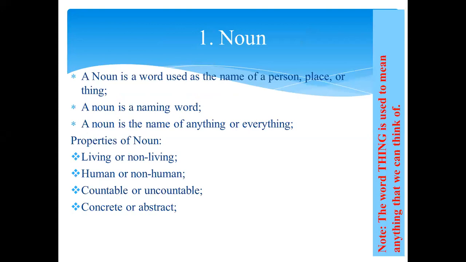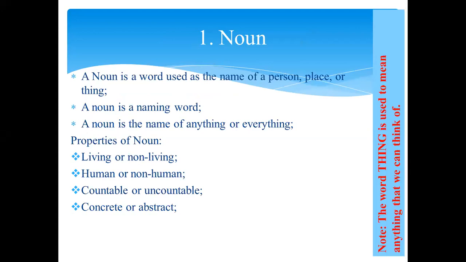Okay, and the next property is that a noun can be concrete or abstract. When I say concrete or abstract, both have different meanings. By concrete, I mean that using all the 5 senses of a human being, we can feel that, we can touch that, we can see that particular object, particular noun. Like this one, table.